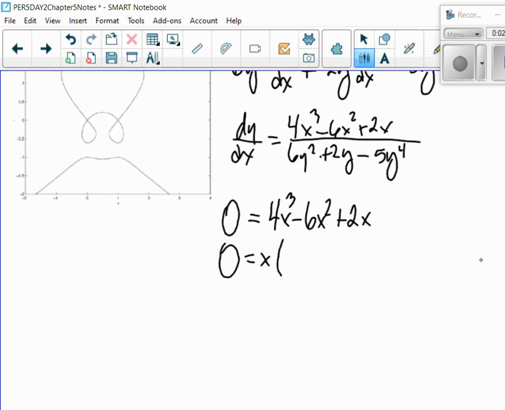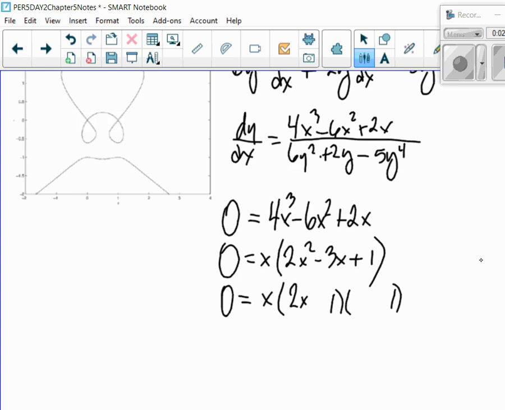If you want to have the 2, you can. So we get 2x squared minus 3x plus 1. Yes? 0 equals x, 2x minus 1, x minus 1. Yes? So that means x equals 0, 1/2, and 1.